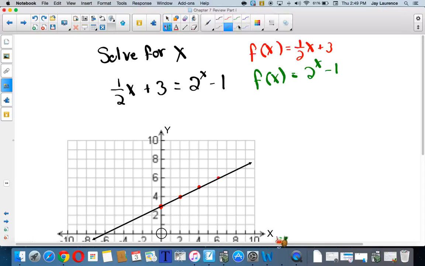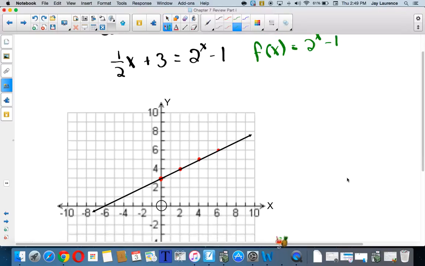All right, now my other one is going to be 2 to the power of x minus 1. So when x is 0, y is going to be negative 1. Right? Okay, when x is 1, I'm going to get 1 for an answer. There we go. When x is 2, I'm going to get 3 for an answer. When x is 3, I believe I'm going to get 7.